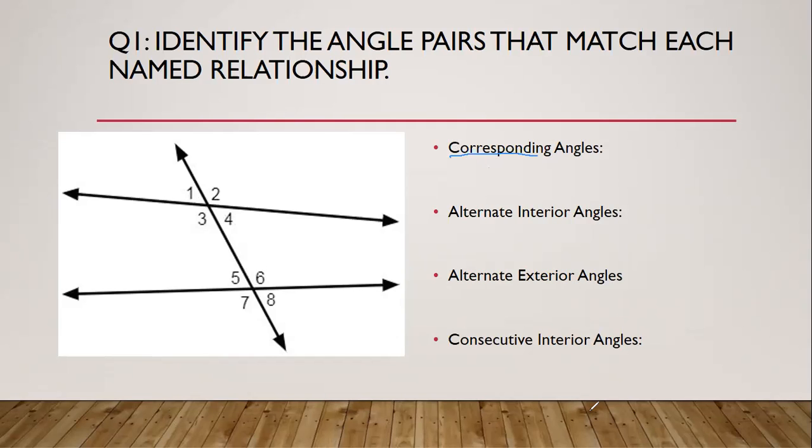So we are going to essentially name all of the ones that match, okay? So remember, when we talk about these angle pairs, one angle comes from the top quad or top 4, one angle comes from the bottom 4. So you're pairing up one from each of these.